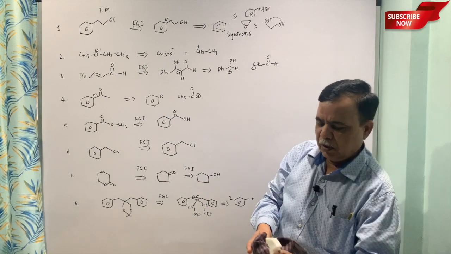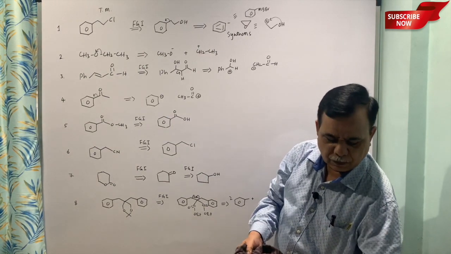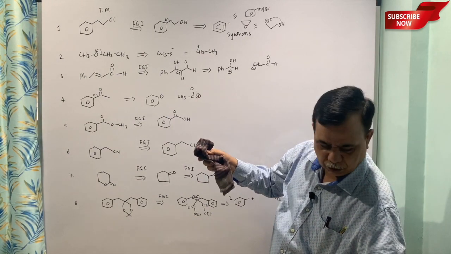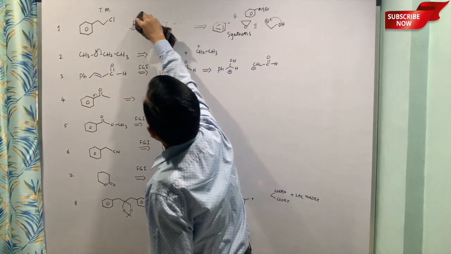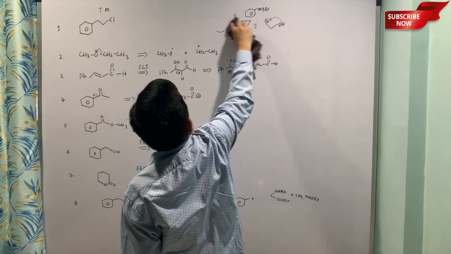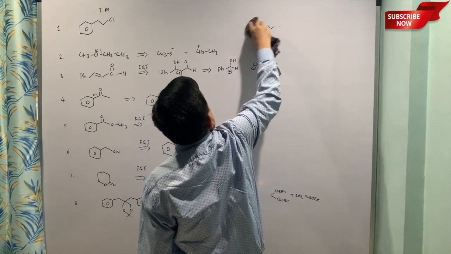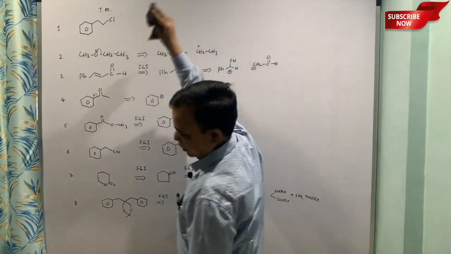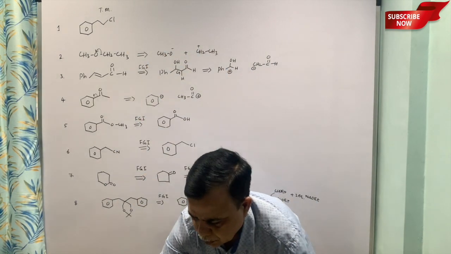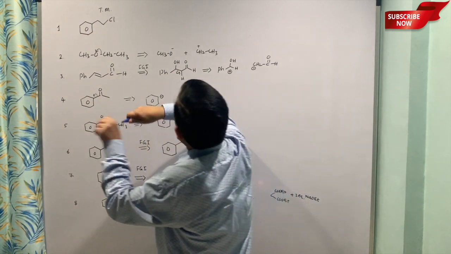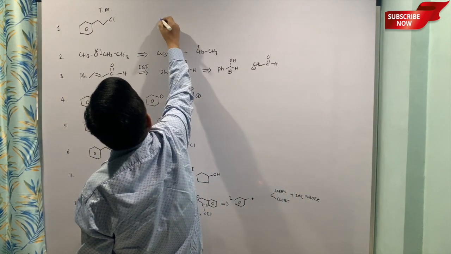So, if I am asked to write down the synthesis of the target molecule, then I will have to start with the Grignard reagent, which is prepared from bromobenzene and metallic magnesium.